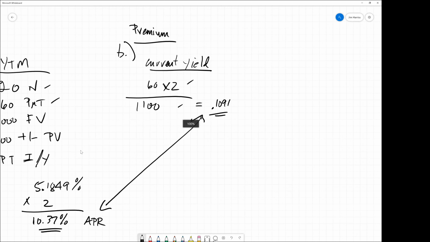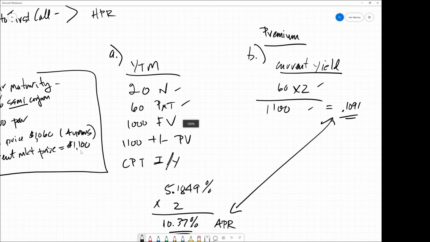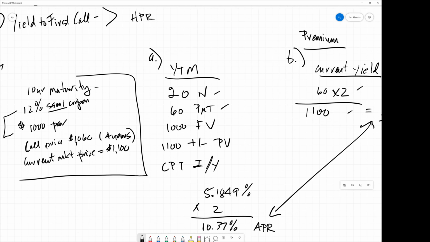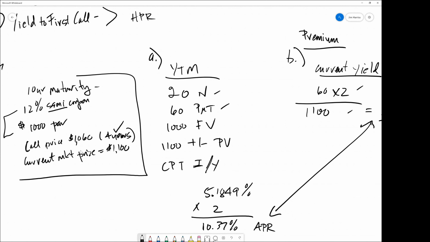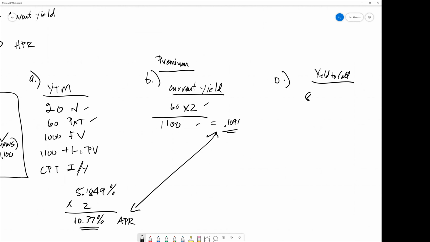All right. We're going to do one more here, part C. Well, let me do part D rather. This will be easier and maybe more relevant here. Part D says, what's the bond's yield to call? Okay, what have you got? Go back over here, and we've got a 10-year bond, but it can be called in 4 years. So 4 times 2, your N is 8.